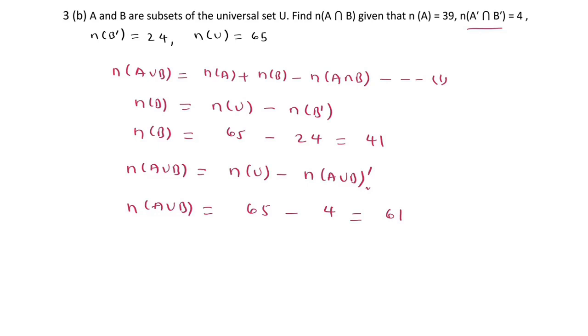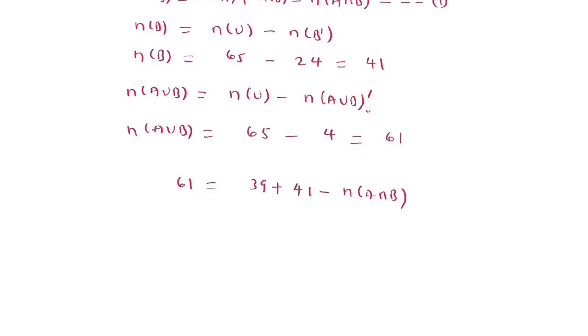Now from our equation number 1, let us substitute the values of the number of A, which equals 39, the number of B, which equals 41, and the number of A union B, which equals 61. We have 61 equals 39 plus 41 minus the number of A intersection B. Now let us make the number of A intersection B the subject.